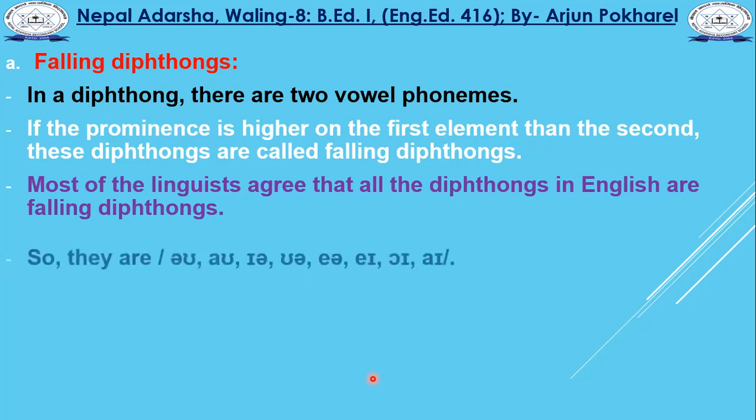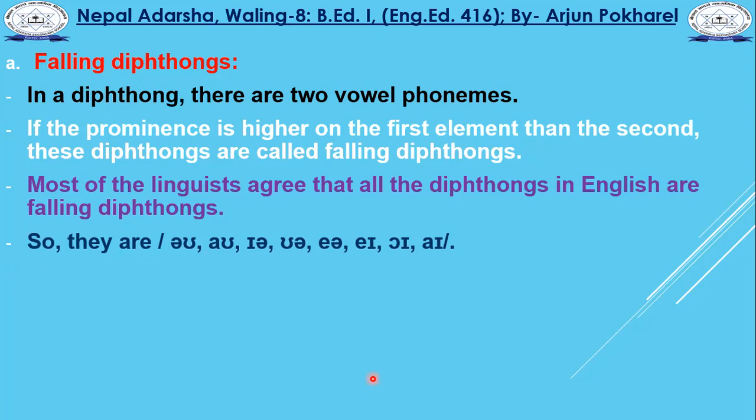They are falling diphthongs. Okay, all these diphthongs, all these 1, 2, 3, 4, 5, 6, 7, 8, are ending in U, ending in A, and ending in I. These three are closing vowels, and these two are also closing vowels, and these three ending in A are centering vowels.